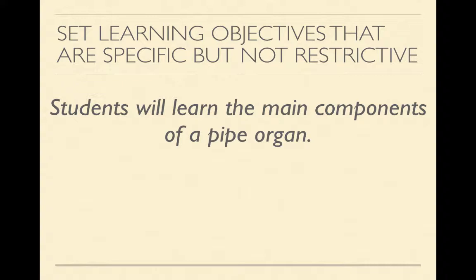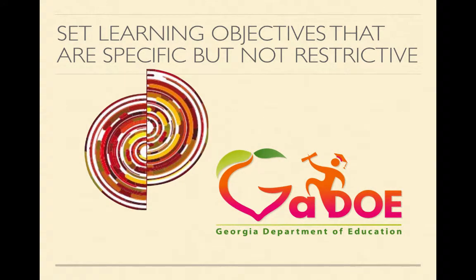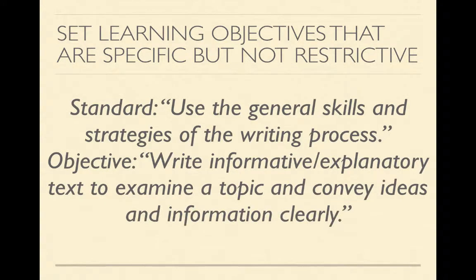Now, your learning objectives might be based on accepted external standards, such as Common Core or state standards, something like that. But generally, you're going to need to make these more concrete. For example, the standard that you're given might say, use the general skills and strategies of the writing process.